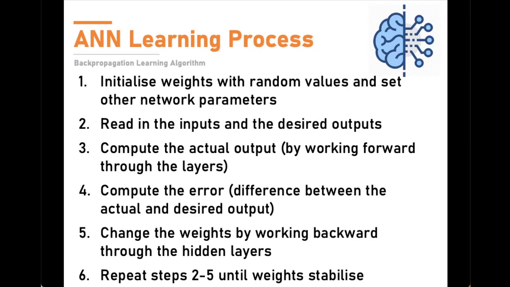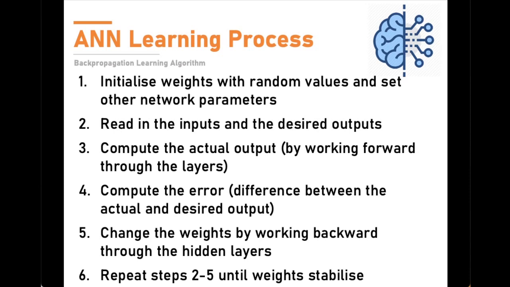The 6 steps in the backpropagation learning algorithm are displayed in this slide. So we have to initialize weights with random values and decide on other network parameters. Then the model reads in the inputs and the desired outcomes.